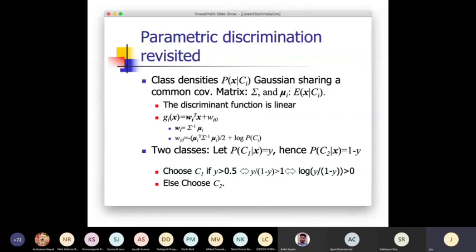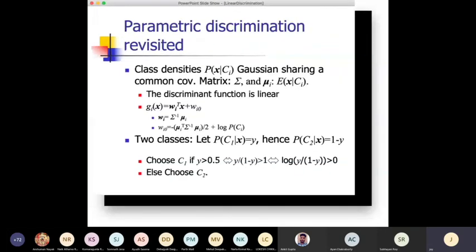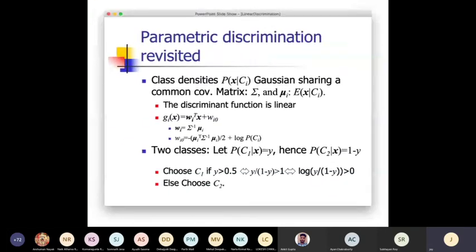Either you can choose C1 such that y is greater than 0.5, which is mainly saying that this is the maximum of them. Or if I take the ratio of y by 1 minus y, then it should be greater than 1, which is equivalent. I hope you understand that, because y has to be greater than 1 minus y. That is the maximum principle of posterior, and also for the discriminant function.